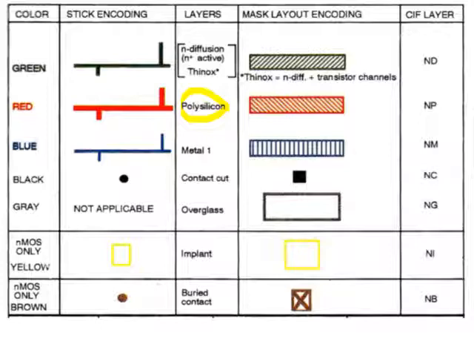these are the color codings for different types of layers. Say for metal 1, the color coding is blue, and in mask layout it is represented in this way, that is a rectangular shape, within that there will be straight lines. Similarly, polysilicon will have slanted lines within a rectangular box, and the slanted lines will move from left to right.